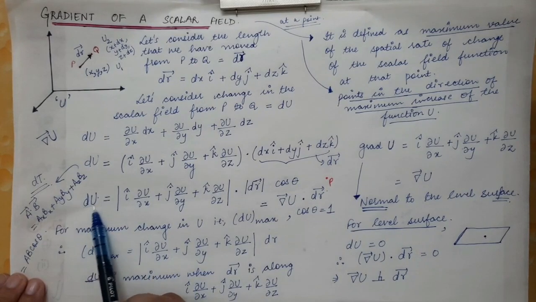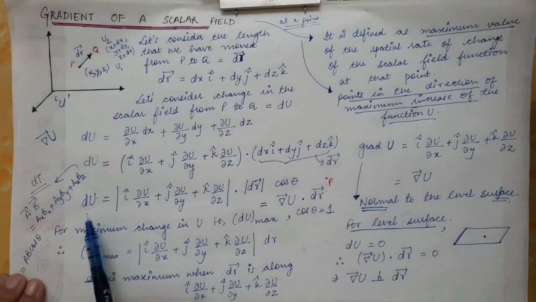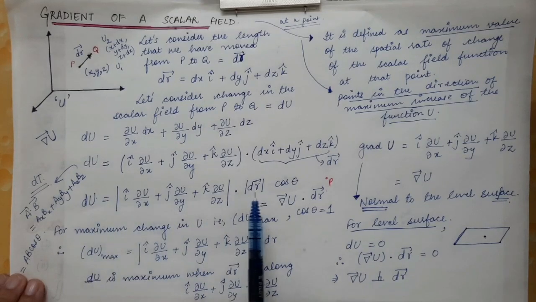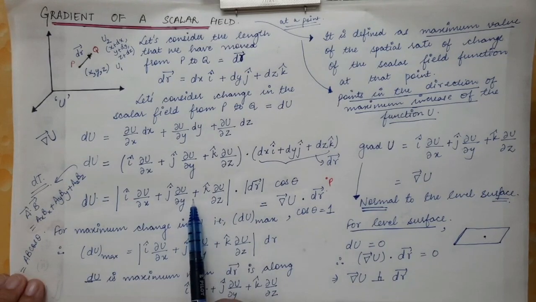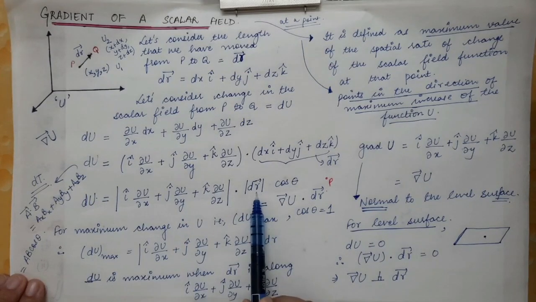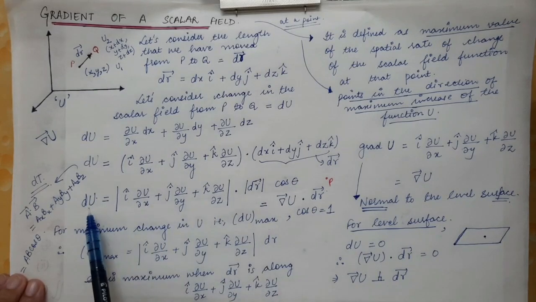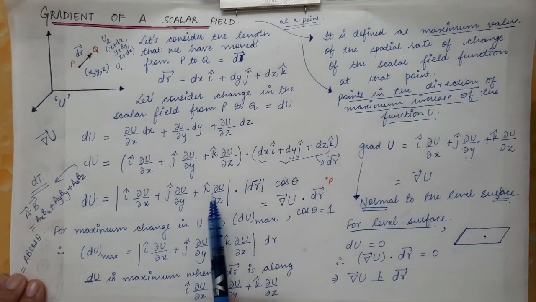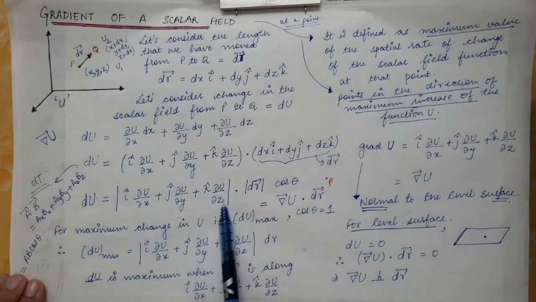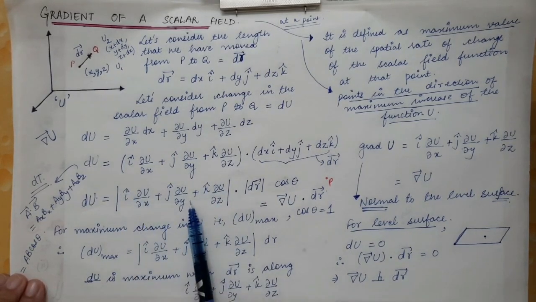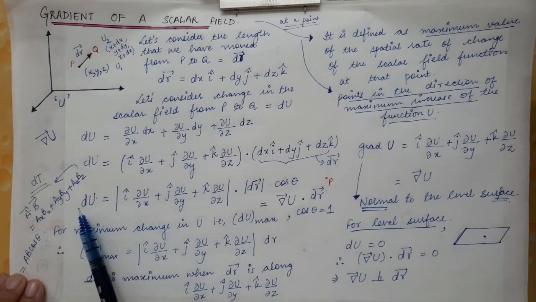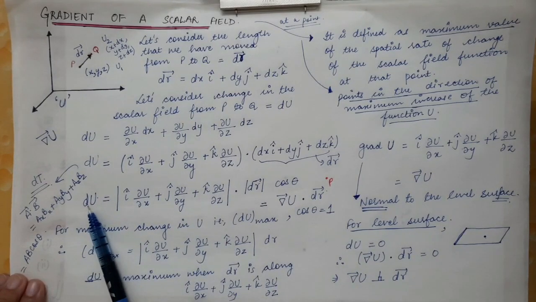So I am repeating, the change in the scalar function will be maximum when the dr vector is pointing along the gradient vector. When the dr vector points along the gradient vector, the change in the scalar function will be maximum. So the gradient of a scalar function points along the maximum change in the scalar function.